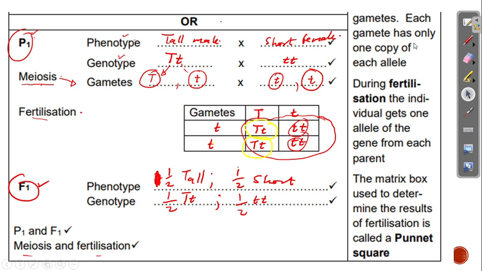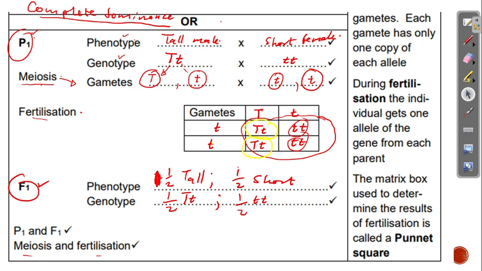Good. And then remember, later on we look at types of dominance, like complete dominance. What is complete dominance? It means that if we cross two of these parents, one of their phenotypes will be expressed in the offspring.